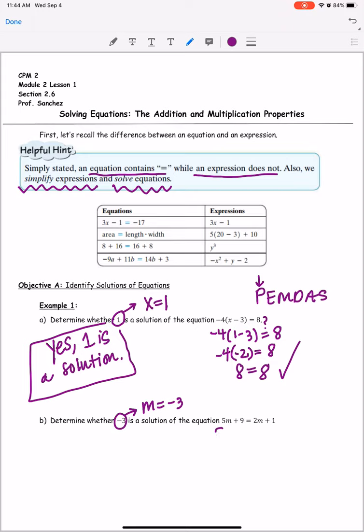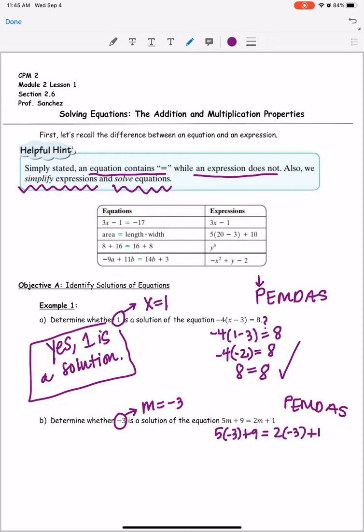If they equal anything but the same thing, then it's a no. So we've got 5 times my m, which is -3, plus 9 equals 2 times m, which is still -3, plus 1. So, use your order of operations, Please Excuse My Dear Aunt Sally.